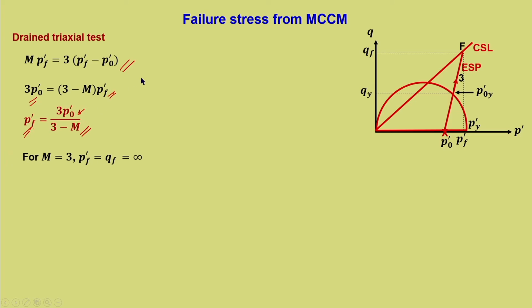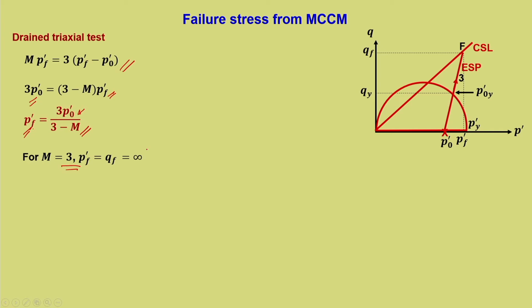Now one additional condition which we need to discuss here is for M equal to 3. P dash F is equal to QF, which is equal to infinity. If you check here, what will happen to P dash F when you put M is equal to 3? So this will become infinity. That is P dash F equal to QF equal to infinity.